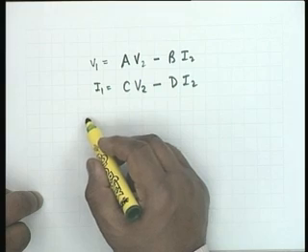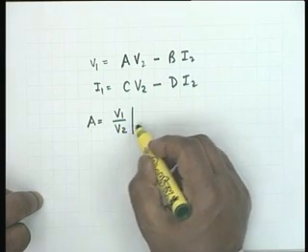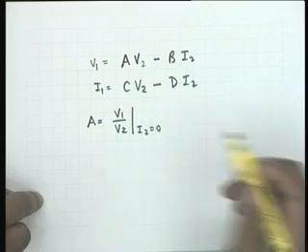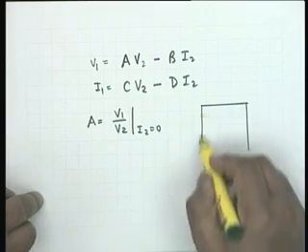Therefore, you see A is equal to V1 by V2 with I2 equal to 0. Now, what does this mean? Let us draw the 2 port.